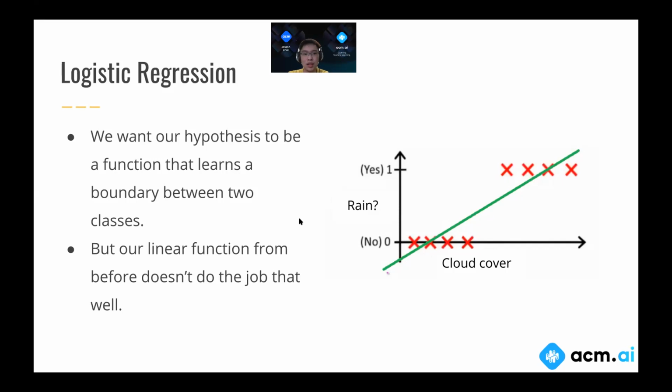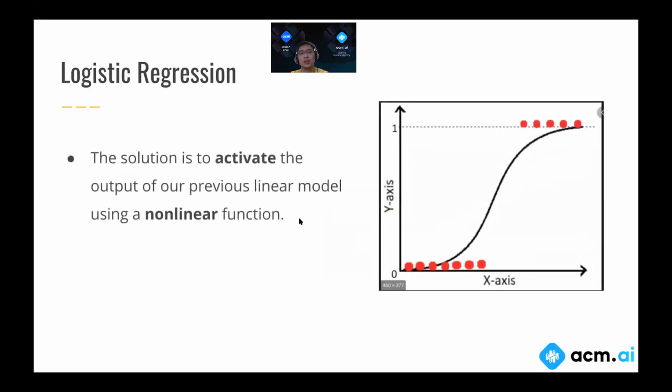So the solution to this is to activate the output of our previous linear function using a non-linear function. What this basically means is we want to pass the output of our linear model from a linear regression into a special non-linear function called the activation function to make our model look more like this, which minimizes the error to our supposed output.